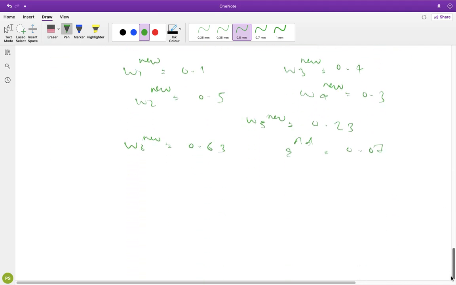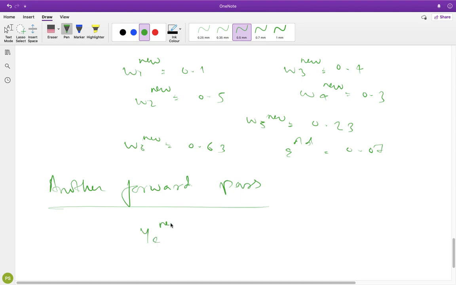So now we calculate another forward pass. In this case, what is the YC new?